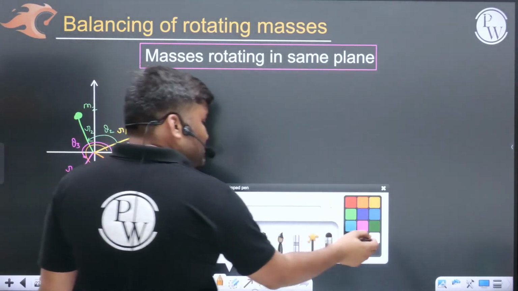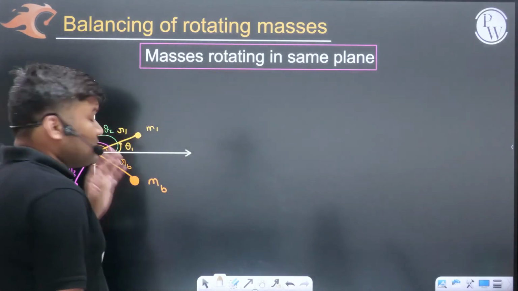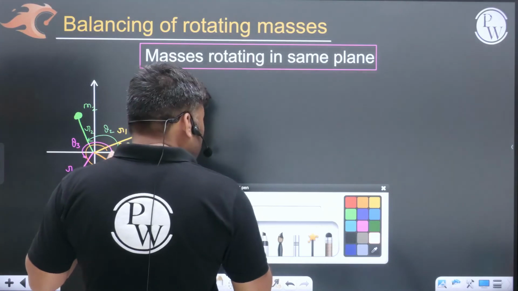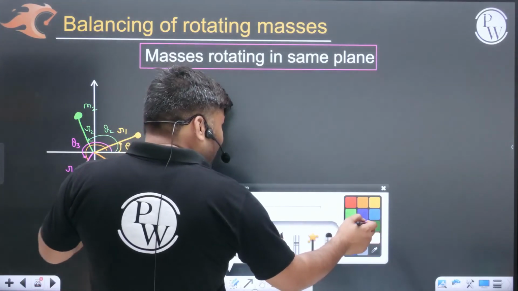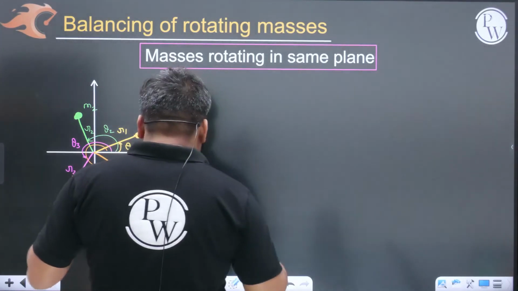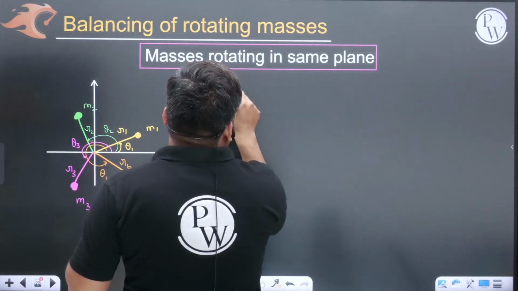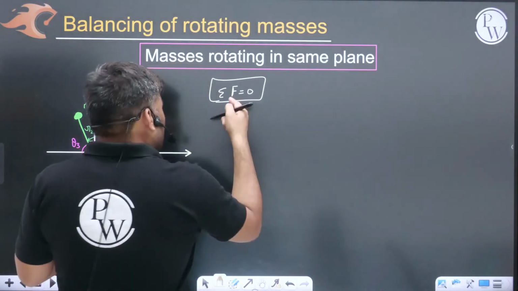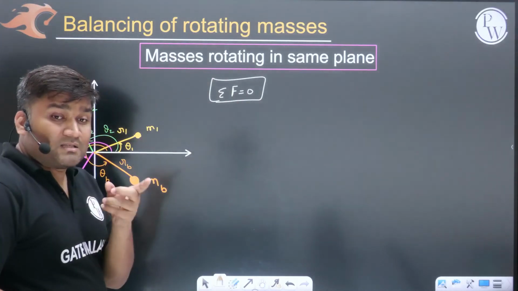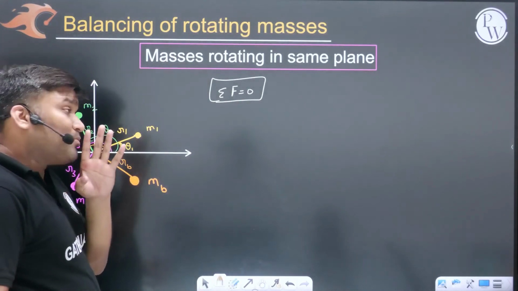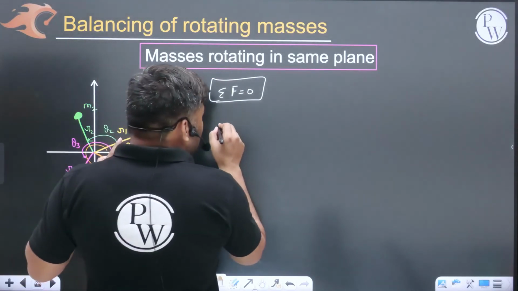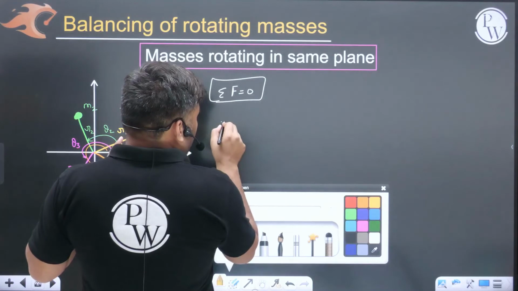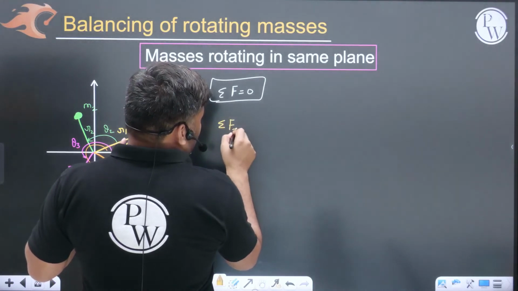Just by adding this, the summation of forces will become 0. Only we have to check. We only have to do static balancing. So can I write the summation of forces as 0? And how do we make the summation of forces 0? Forces are vector quantities, so take components. Summation of forces, x component, set to 0.